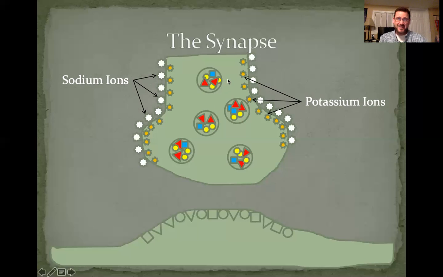On the inside of the neuron, there's a bunch of potassium ions. I've colored them yellow because bananas are high in potassium, and sodium's white because that's salt, but anyway. So just realize we've got sodium and potassium ions that are opposite each other. Sodium on the outside, potassium on the inside of the neuron.